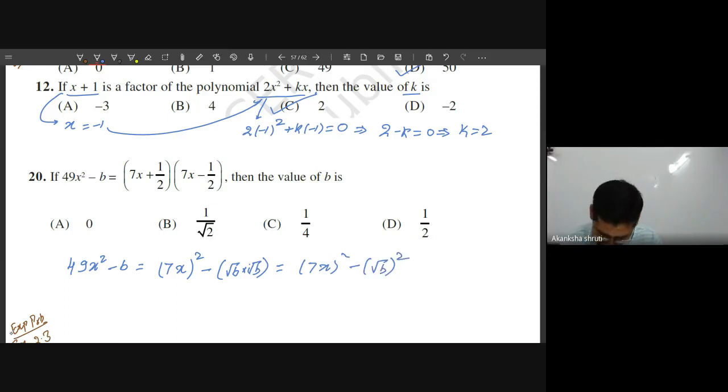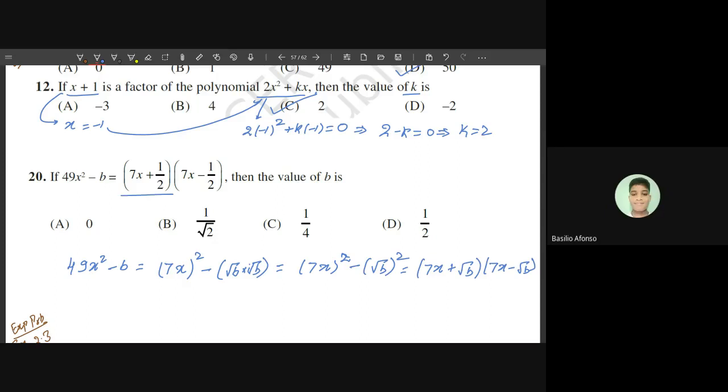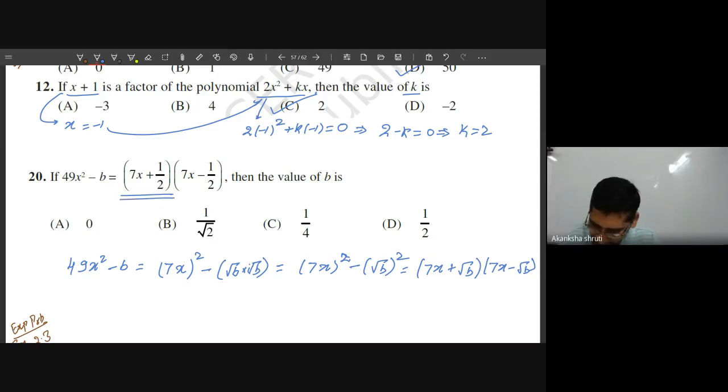Okay, student, this I can factorize as (7x plus under root b) and (7x minus under root b), since a square minus b square. But what is given? It is given that in place of 7x plus root b, it is given as 7x plus 1/2.